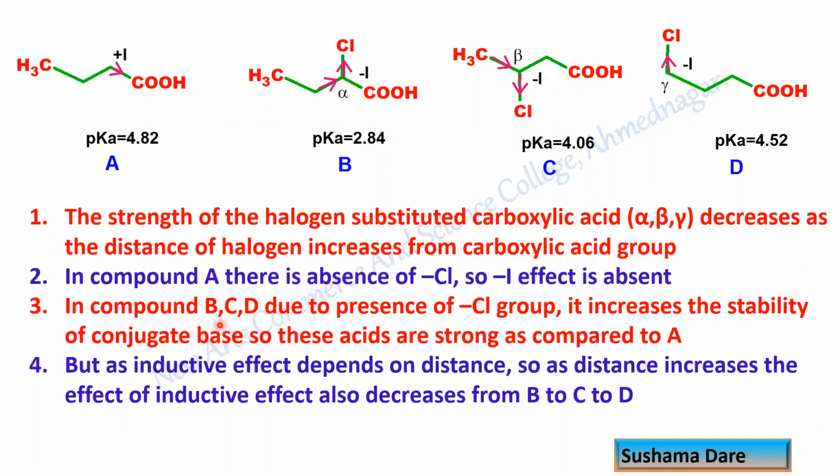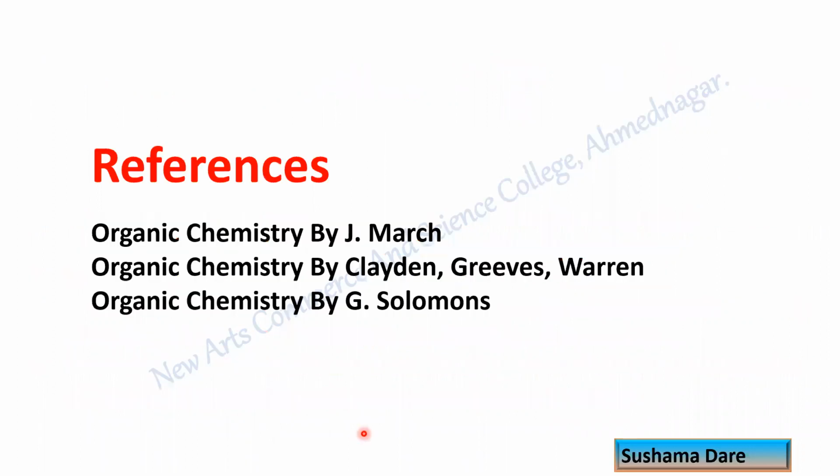Because of this, in B, C, D, due to presence of Cl group, it increases the stability of conjugate base. So these acids are strong as compared to A. But as inductive effect depends on distance, as the distance increases, the inductive effect also decreases from B to C to D. So for this, please go through these references: Jerry March, Clayden, and Solomons.